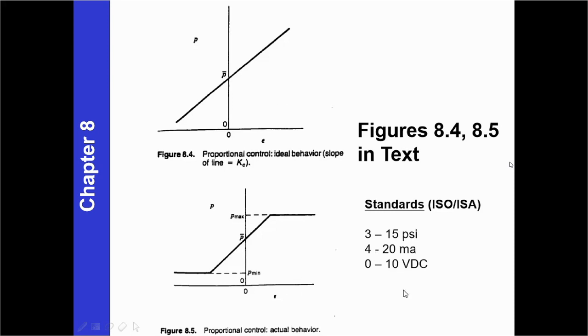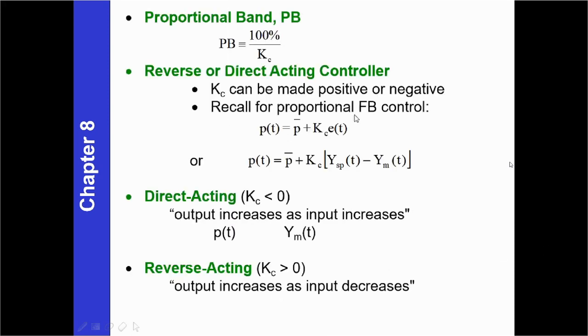This is an example where you have the limits between p max and p min. We also have the proper definition of proportional band as a function of the controller gain Kc, that is 100 over Kc in percent.